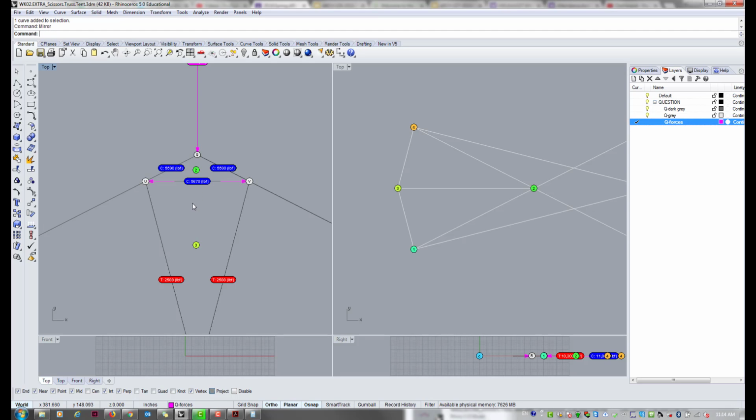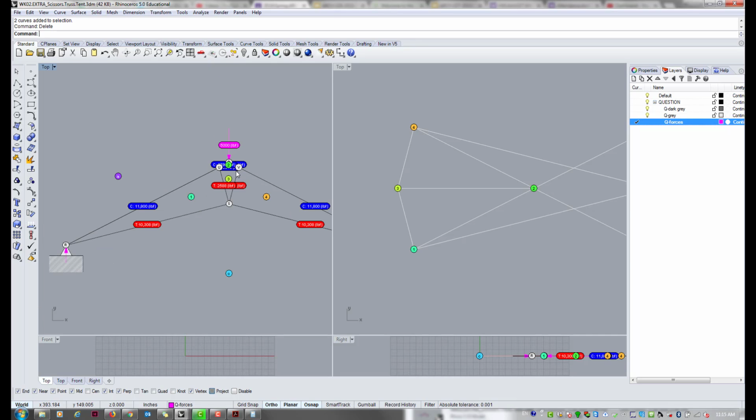But what's important is to know what the member is doing to that point U. In this case, we know it's pushing the point U, and also it's pushing point V, so that's how you can tell it's in compression. That makes sense?